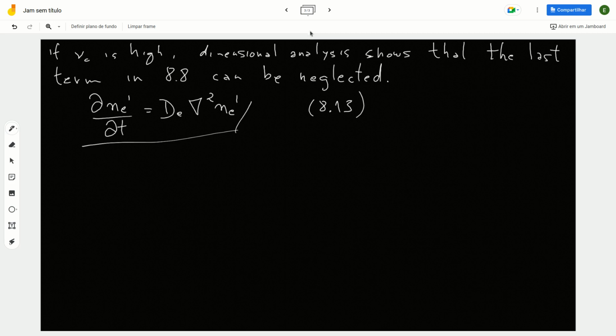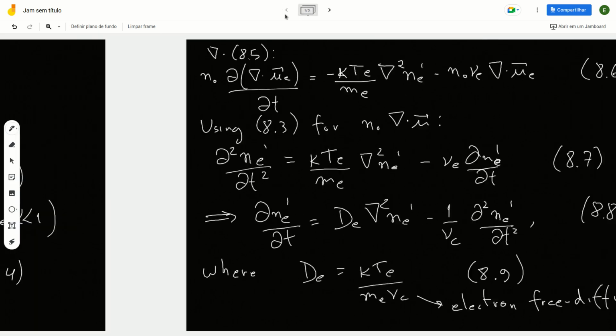And another equation we can derive is from equation 8.5.